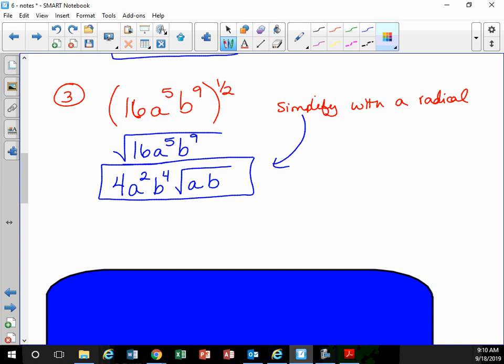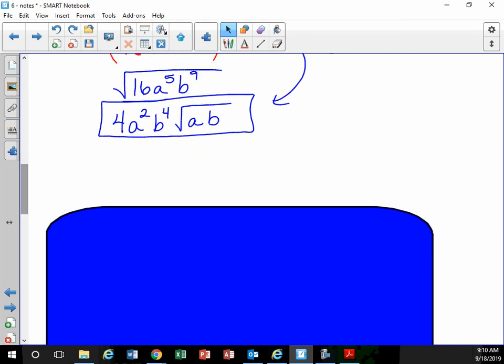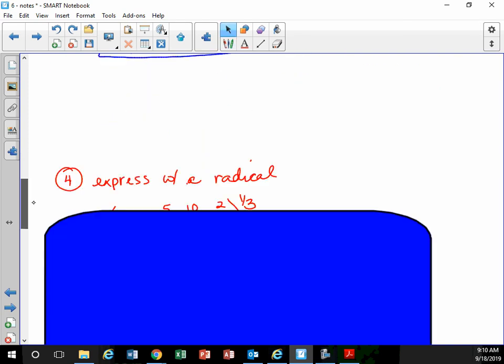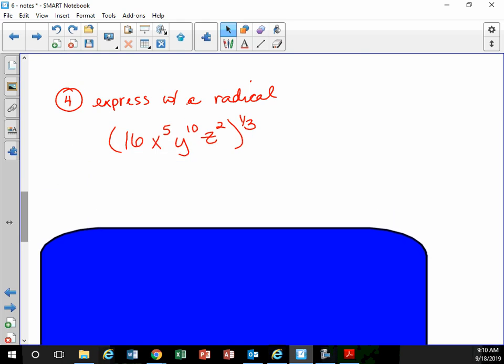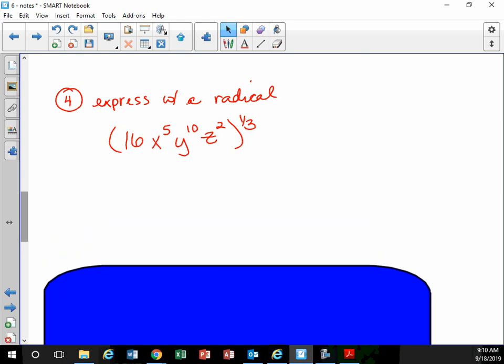I could have asked you to just simplify with rational exponents, and then you'd tell me like 4a to the 5 halves, b to the 9 halves, like you would just leave those fractions, but yeah, this is better for this one. Okay. So let's try again. All right, you guys try this one.